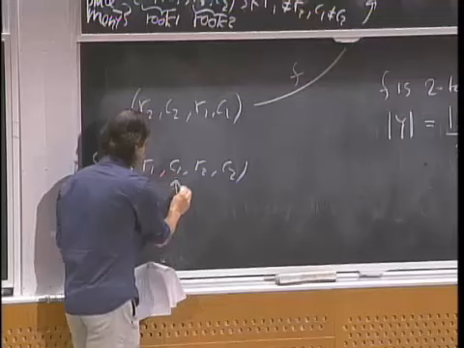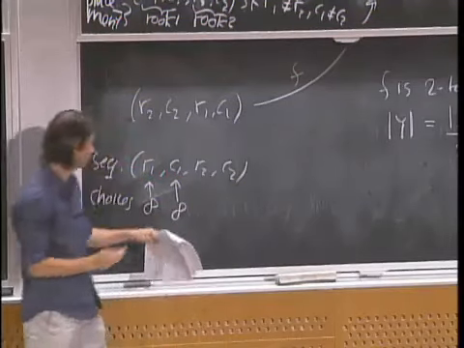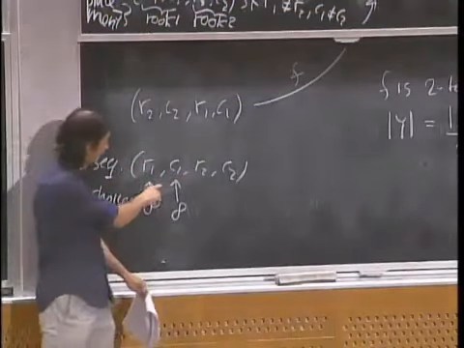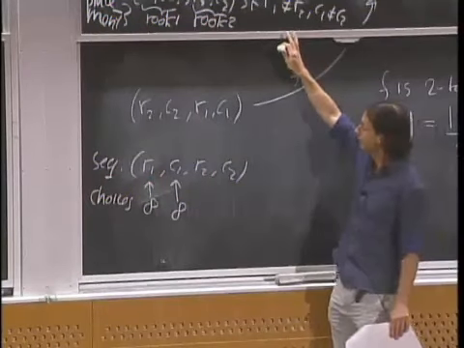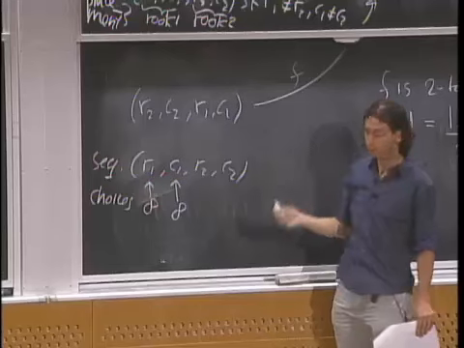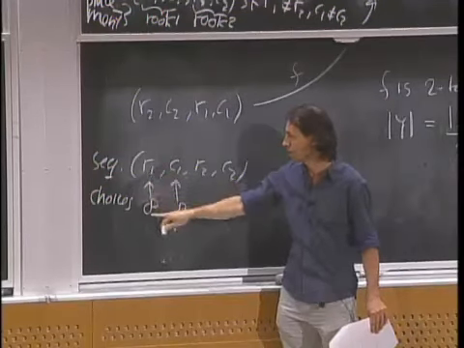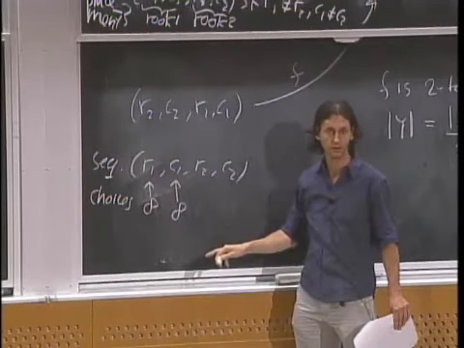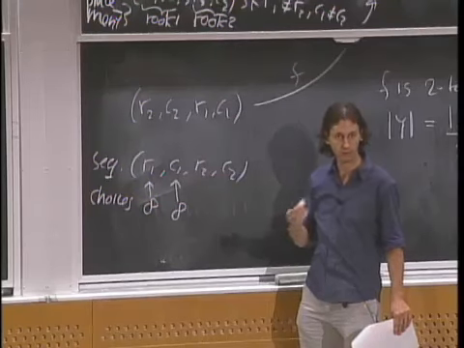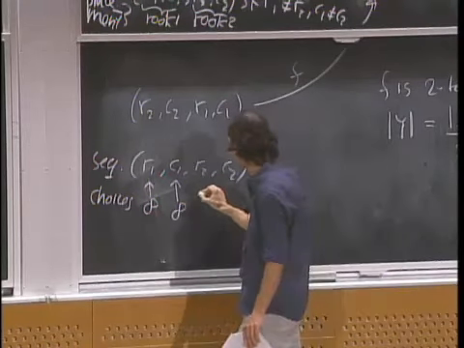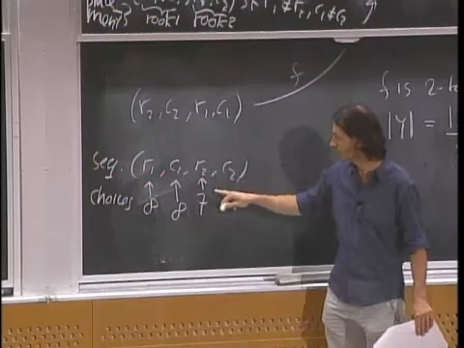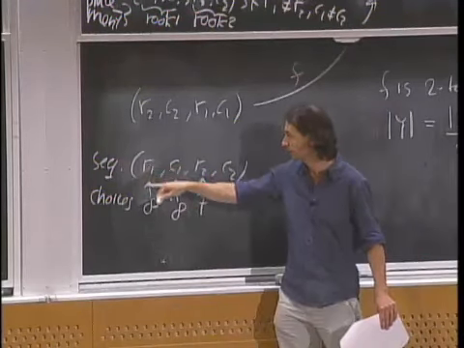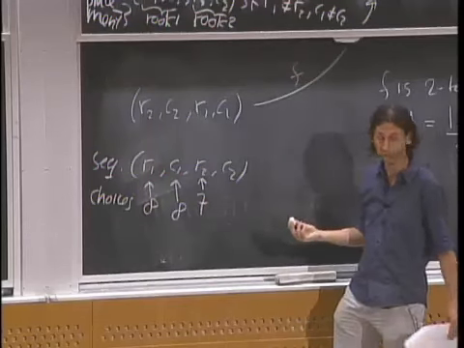It also has 8 columns, so I have 8 possible choices for the column. But what about the second rook? Well, the second rook can be on any row except the one that I've already selected for the first. So that is 8 minus 1. We have 7 possible choices to select the row for the second rook.